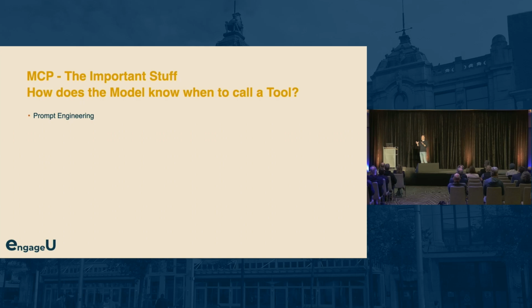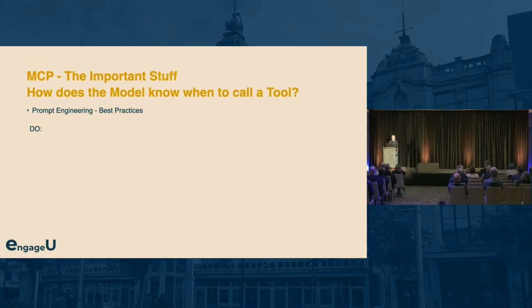That includes your instructions, so that you increase the likelihood that the model figures out when to call a tool, calls the right tool, and gives the tool the right information, right? Think of them as templates to make sure that the right thing happens at the right time. And that is something that is under your control.